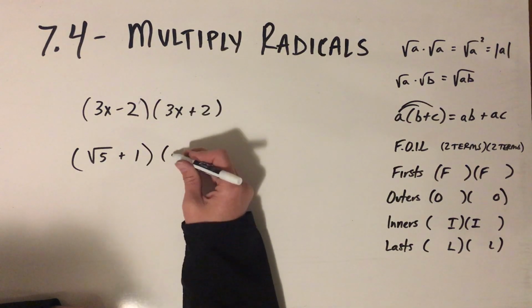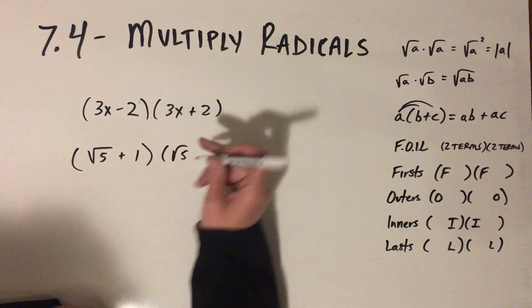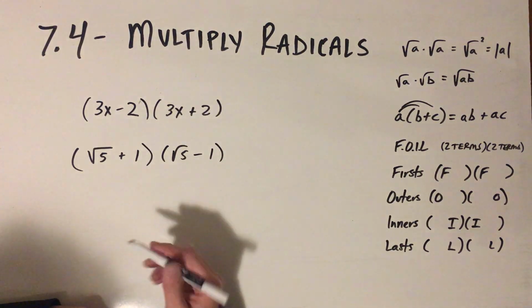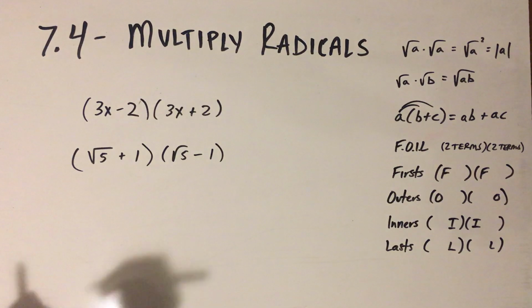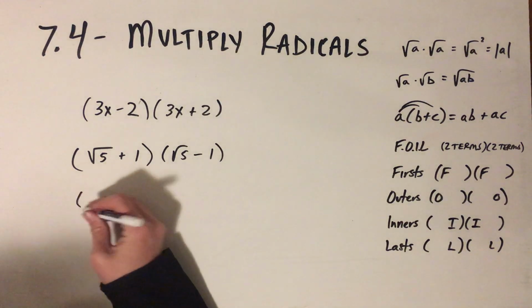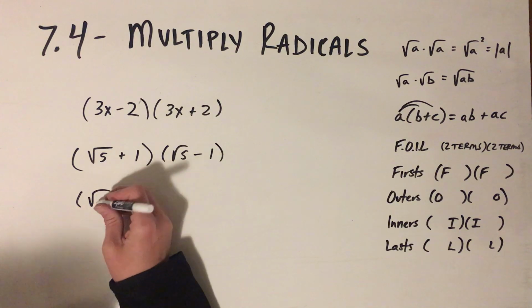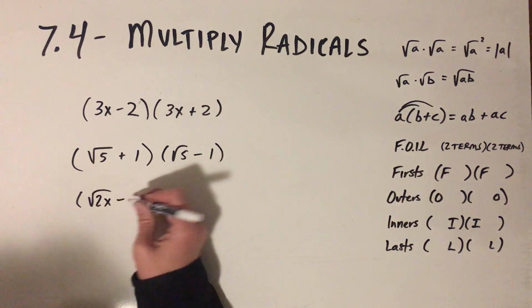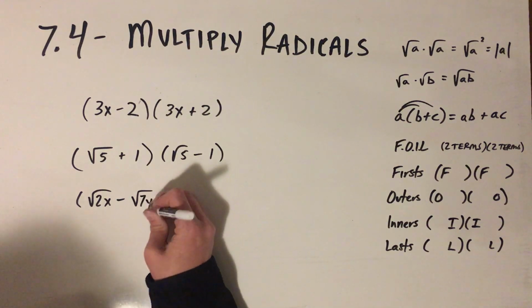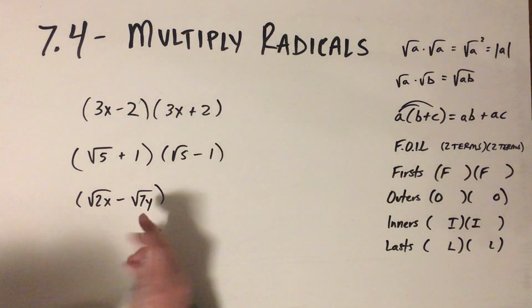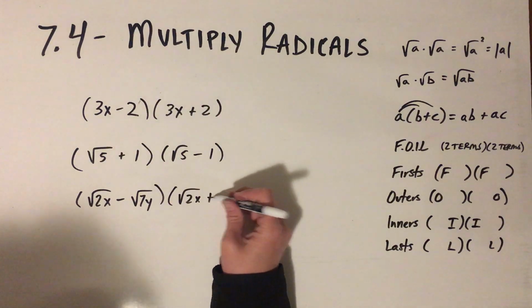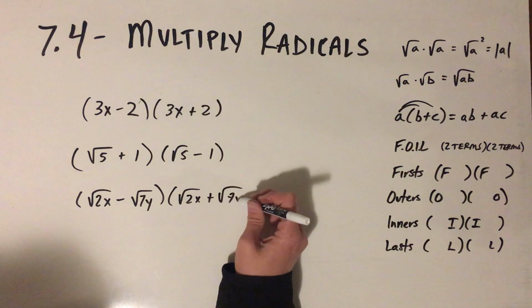Well, it's the square root of 5, but change the sign to minus 1. So these are conjugates. This is true if I have any radicals in there. So if I had the square root of 2x minus the square root of 7y, the conjugate of this would be the square root of 2x plus the square root of 7y.